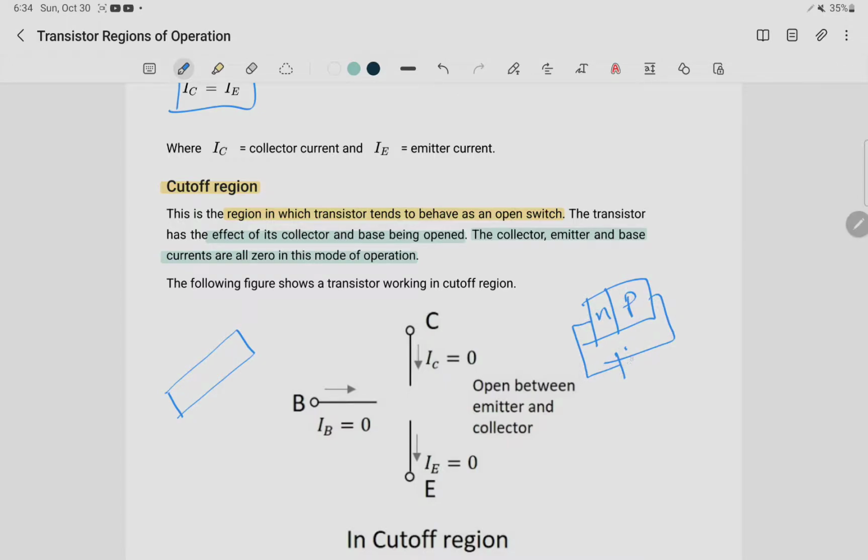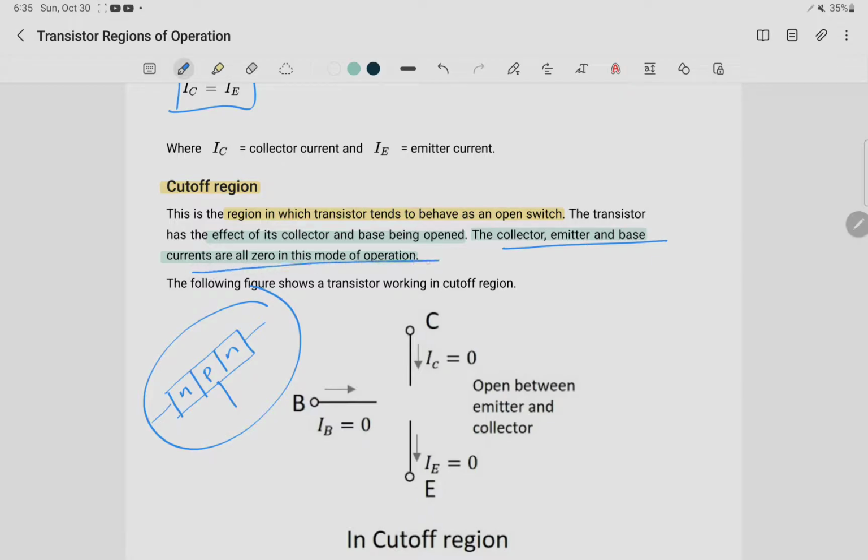When we bias it, that means we are giving the electrons the energy they need in order to overcome the field that is there in the depletion region. And so if our transistor is not biased, it is also in the cutoff region. There is zero current flowing through the collector, the base, and the emitter, in the case that it's not biased.